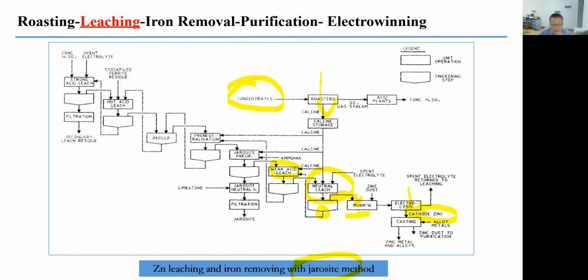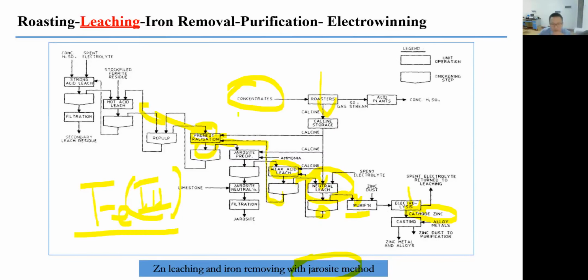So weak acid leaching, and the underflow goes to a pressure or another leaching stage, going to higher and higher acidity. And in this weak acid leaching, this solution returned. And in those acid leaching or pressure acid leaching, the solution will have a very high content of ferric ion.